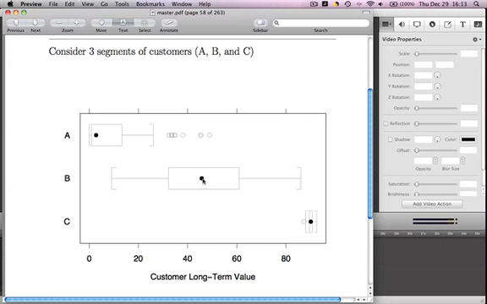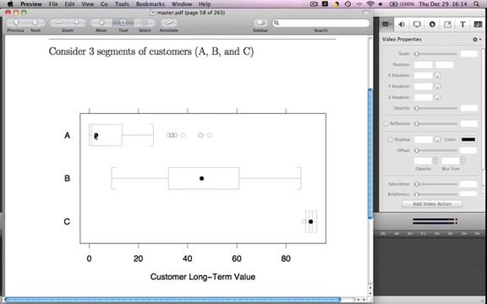That indicates the typical customer in this segment, not that there is a typical customer because it's so heterogeneous, but the middle of this distribution is around 45 or 50. Finally, this distribution is symmetrical because the right-hand side of the box and whisker plot is a mirrored image of the left-hand side. Let's turn our attention to segment A now.